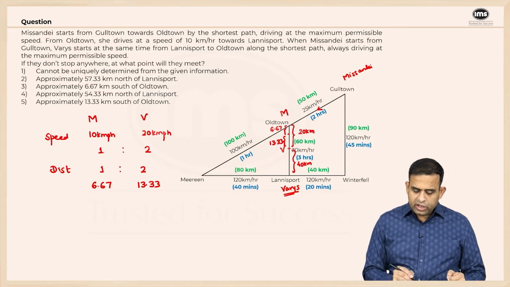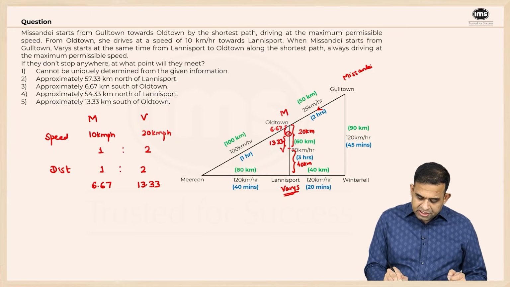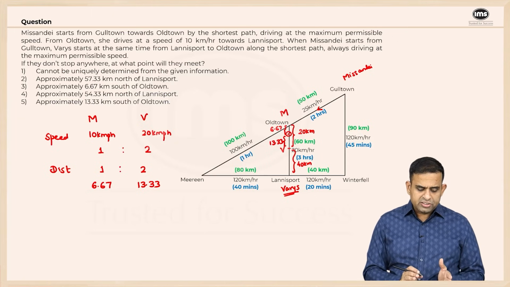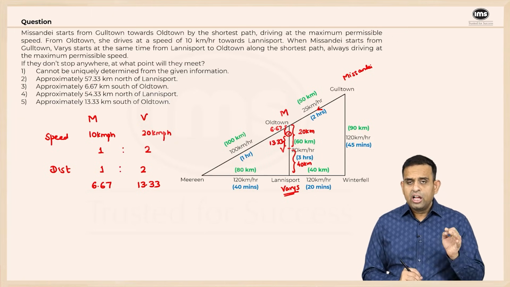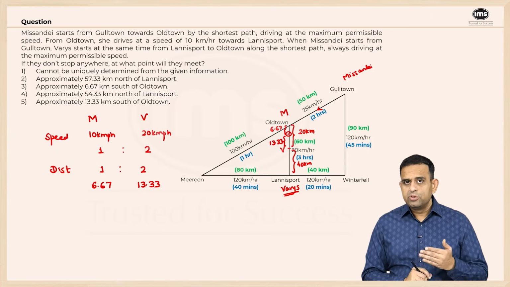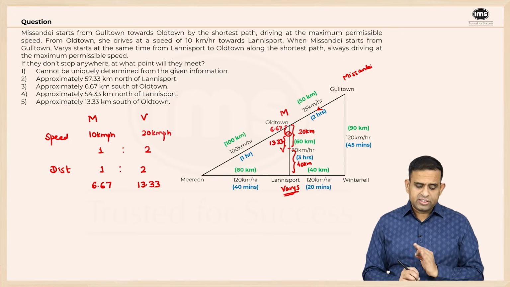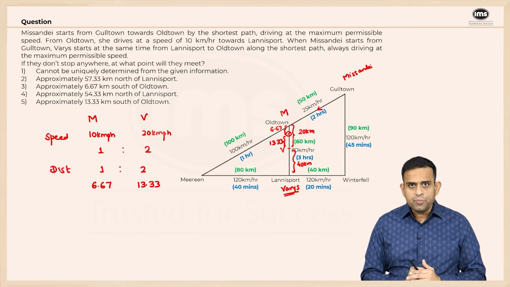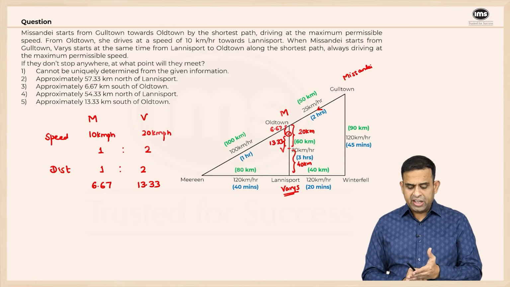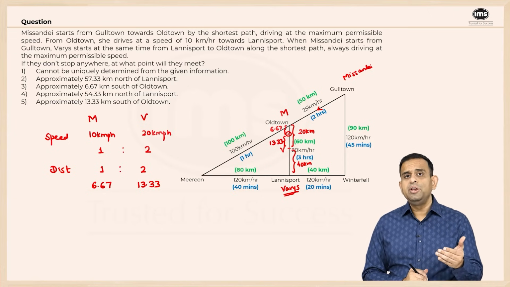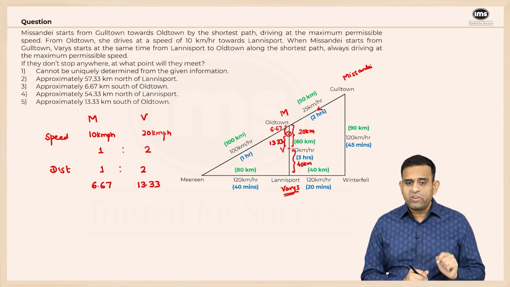So this is the meeting point, because what they ask is, if they don't stop anywhere, at what point are they going to meet? This point can be referenced with respect to Old Town or with respect to Lannisport. This distance happens to be 6.6 kilometers south of Old Town. And this same meeting point would be 53.33 kilometers north of Lannisport.